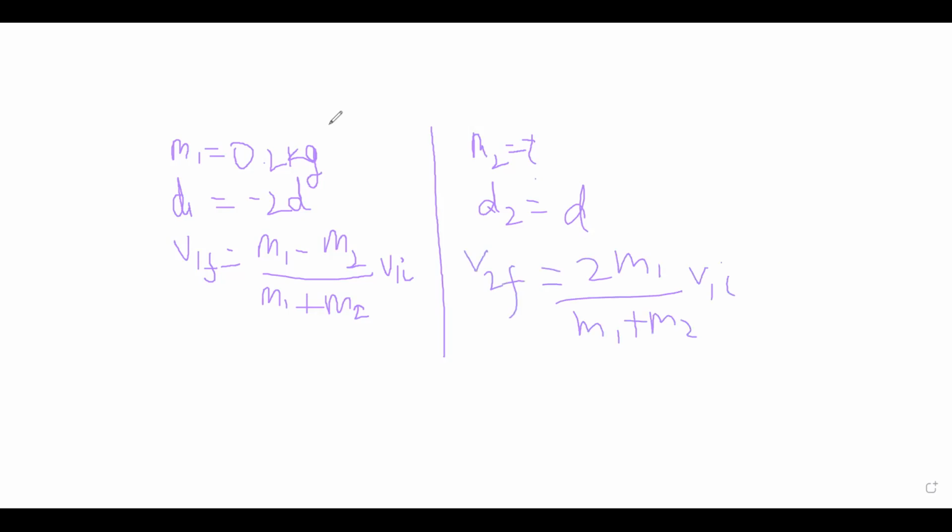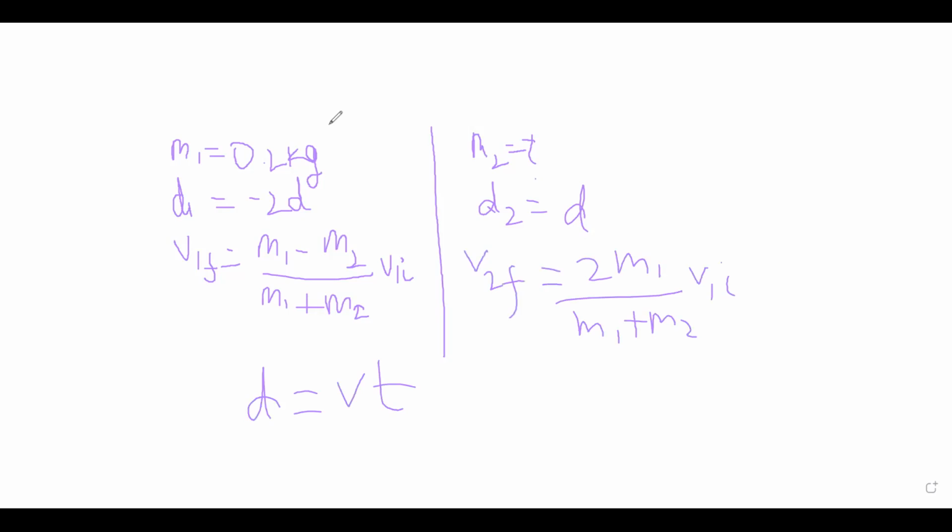Okay, because this is an elastic collision in one dimension, on the horizontal axis, the x-axis, we know that d will be equal to v times t, right?